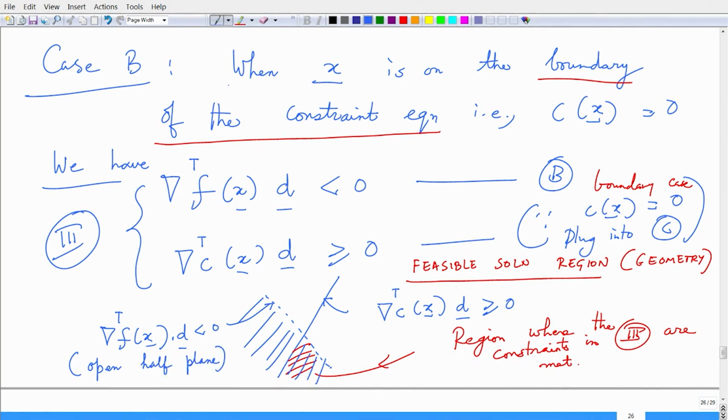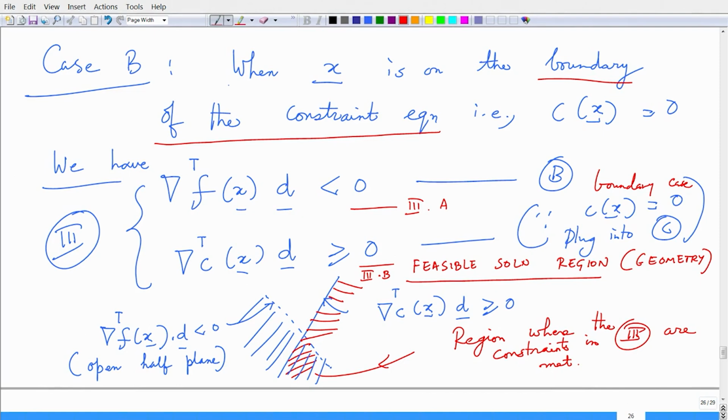Similarly, when I look at del C transposed D is greater than or equal to 0, I am looking into this shaded red region, right. That is the second part of this equation set 3, right. This is my 3 dot A and this is like my 3 dot B, right. 3 dot B is basically this red region, 3 dot A represents this blue shaded region.